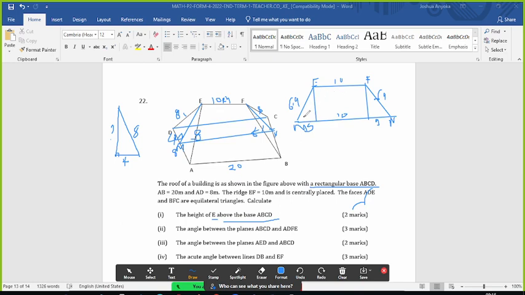The height of E will be equal to the square root of 6.9 squared minus 5 squared. What will be the answer?